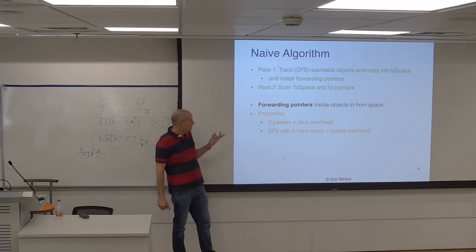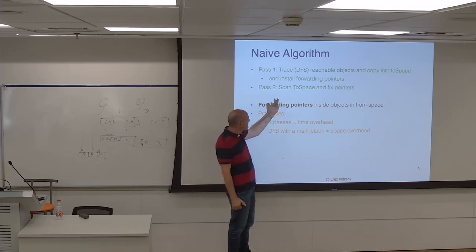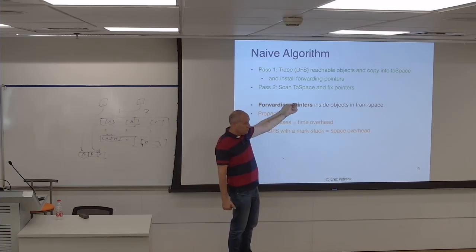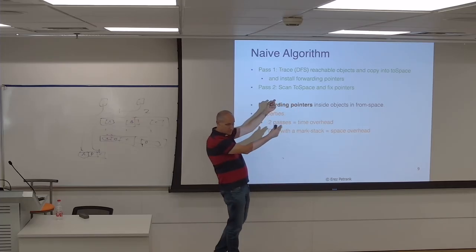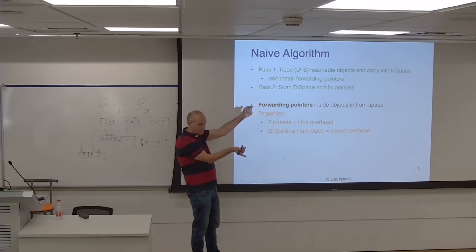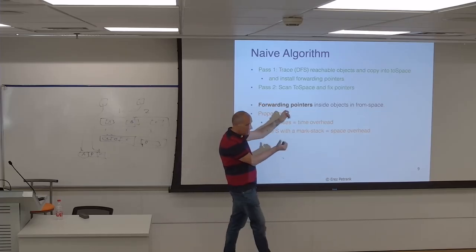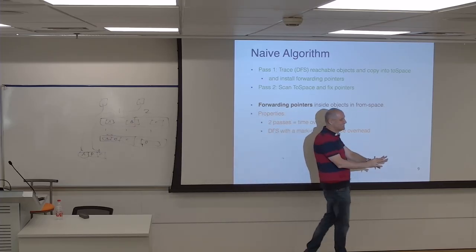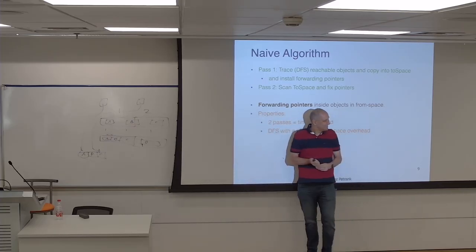You want to unite the two passes, but if I just look at this, I go to an object, I copy it into to space, and now maybe it has pointers that I want to fix, but how do I fix them?